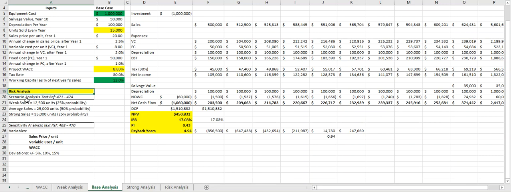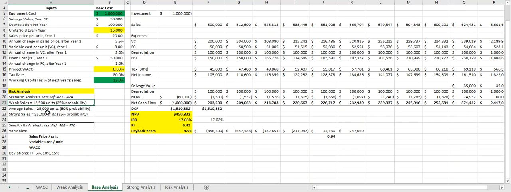Let's take the scenario analysis. In this one, our base case or average case is the one we just did. We're selling 25,000 units a year. But what if our marketing people tell us the worst that could possibly happen is selling 12,500 units, which has a 25% probability of occurring?